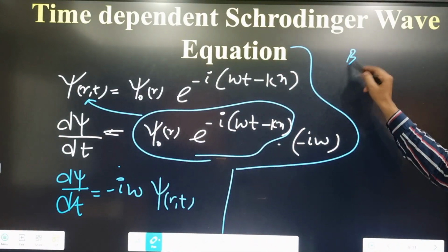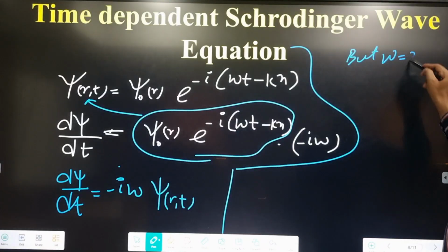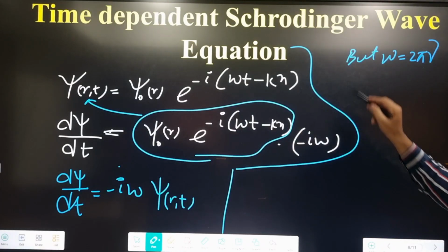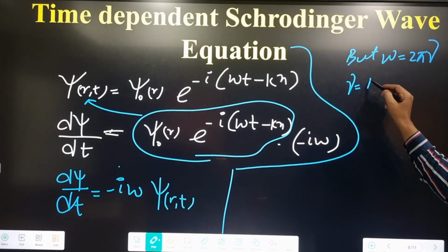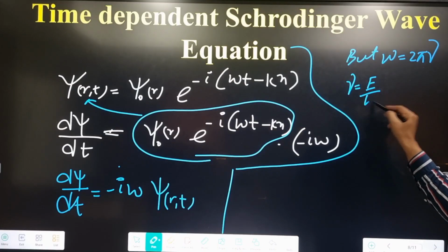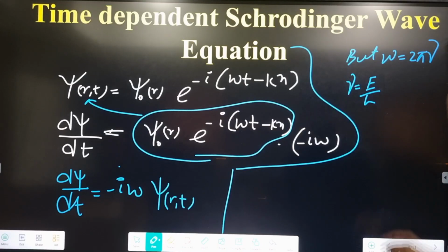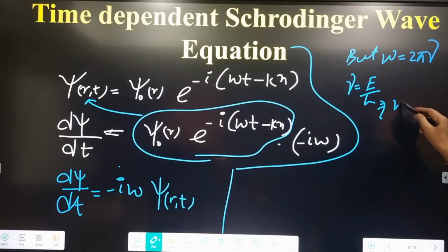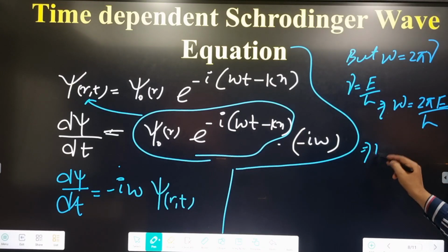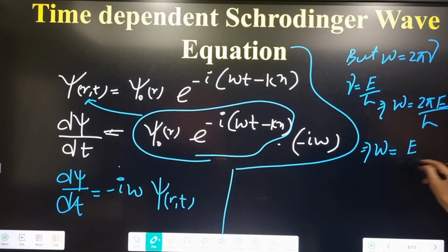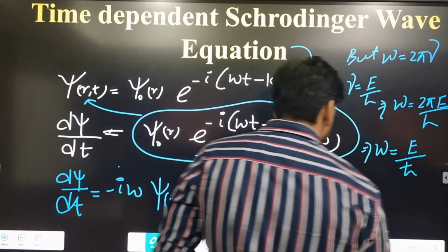But what is omega? Omega is 2 pi nu. Again nu equals E by h, because E equals h nu. So if we use that here, we can write omega equals 2 pi, and in place of nu we can write E by h. h by 2 pi is h cross, because h cross equals h by 2 pi.